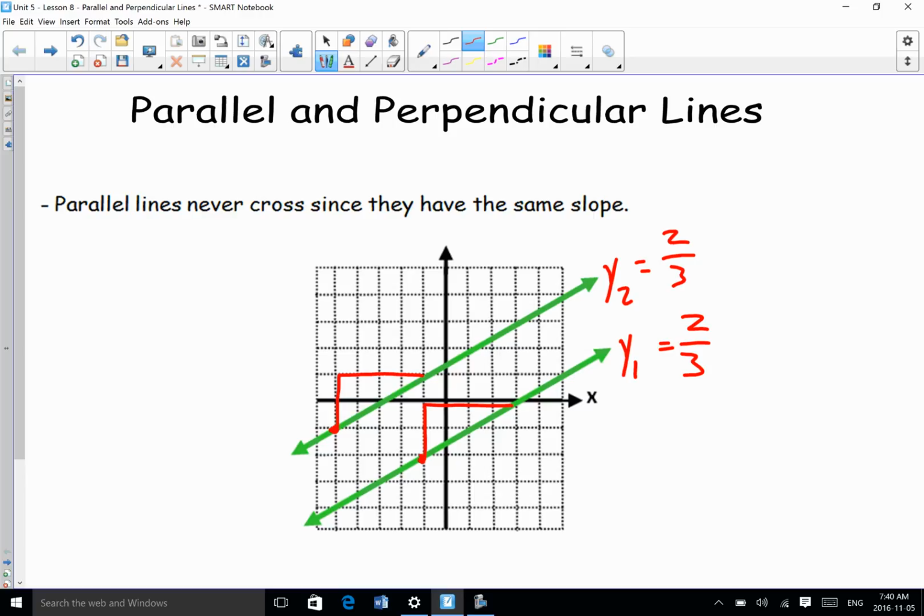So they have the same slopes. Obviously, they have different y-intercepts. This one is, I don't know, somewhere around negative 1.5. This one is maybe positive 1.2. So they have similar equations in that the slopes are the same, but their y-intercepts are very different. Okay, so we have a relationship there.